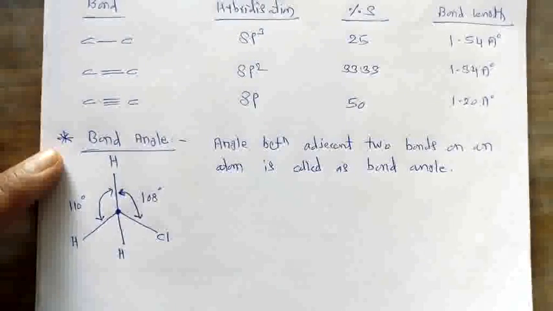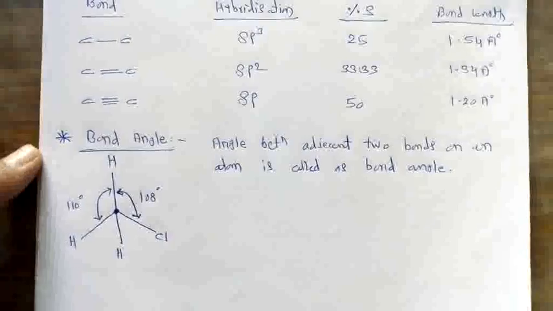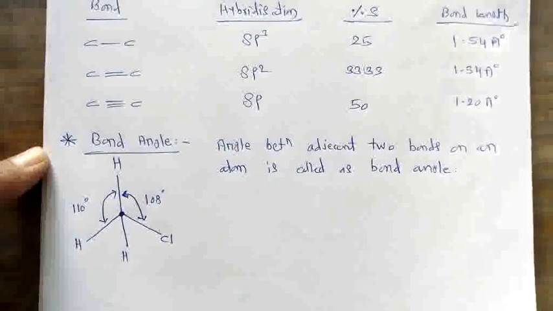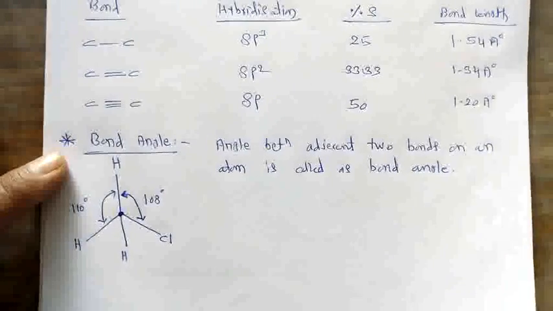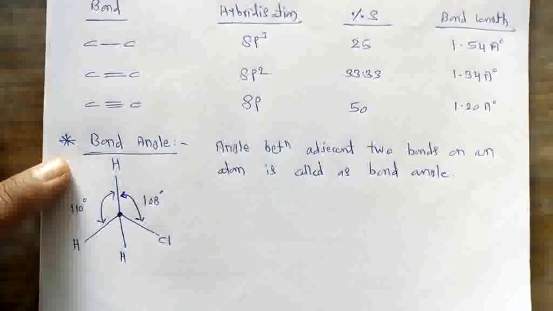Now this bond angle again depends upon the structure of a molecule, whether it is a symmetrical or unsymmetrical structure, and what the hybridization of the given molecule is. The magnitude of this particular bond angle is also dependent on that.